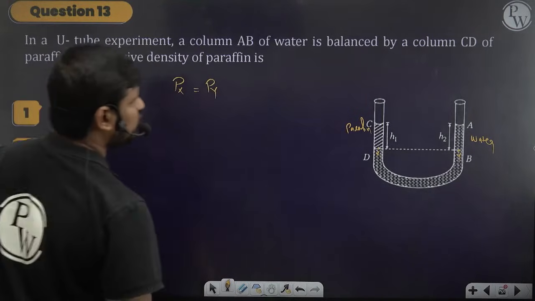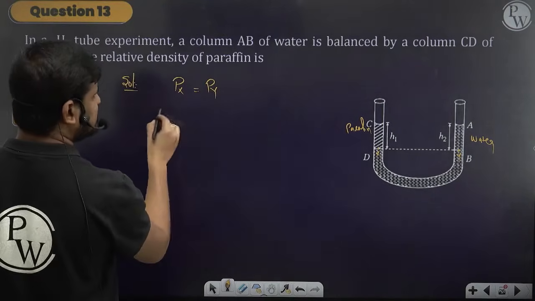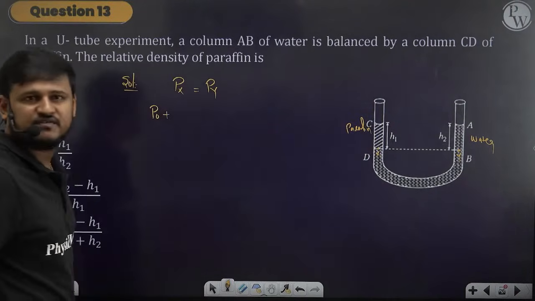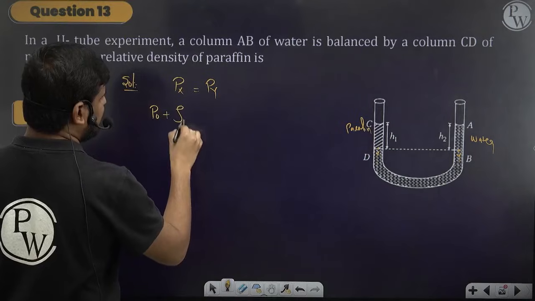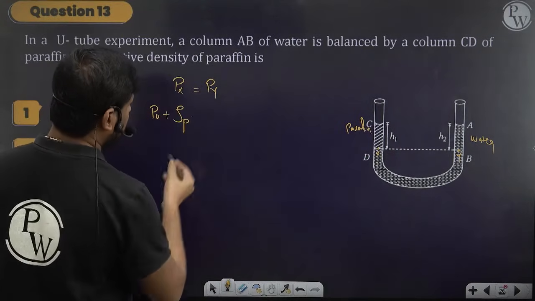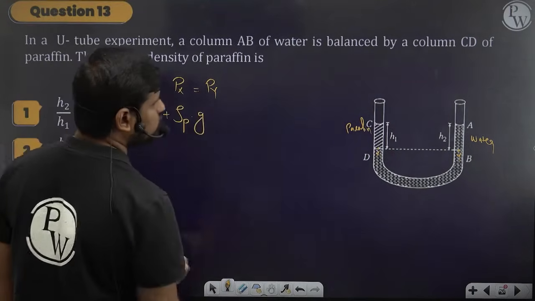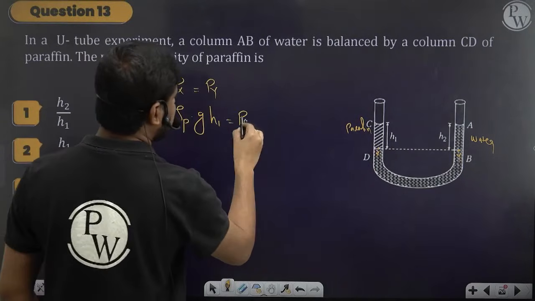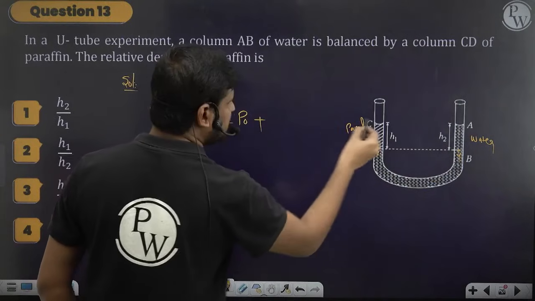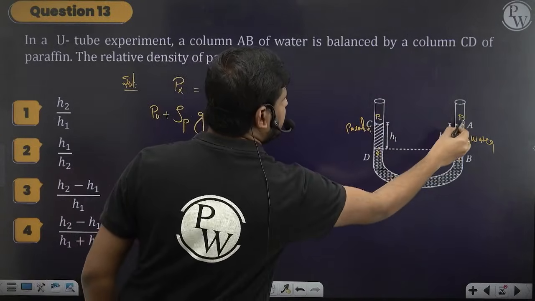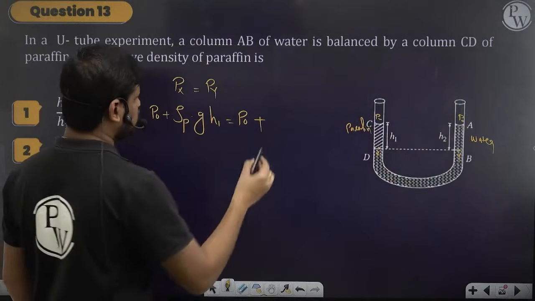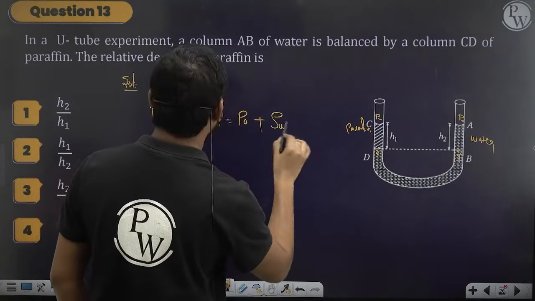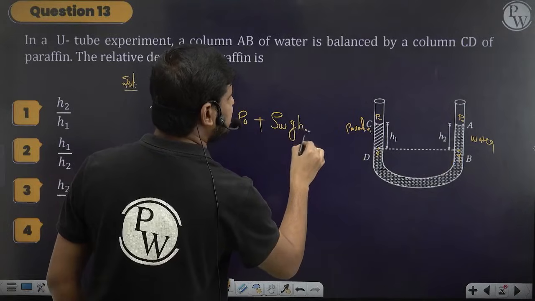The pressure at X is nothing but the atmospheric pressure plus, on this side the liquid is paraffin, so the density of paraffin into g into the height here, H1. That equals the right side, Y, which is P naught, atmospheric pressure, plus the density of water into g into the height H2.